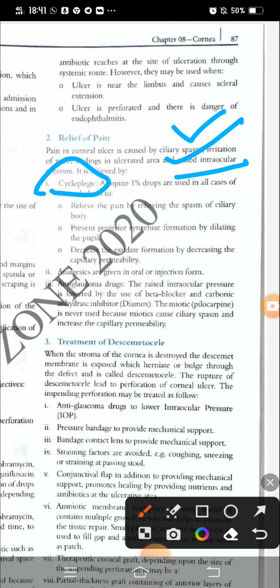But in prolonged close work, ciliary muscle spasm can occur, and pain can occur. So cycloplegics cause loss of accommodation, and as a result they relieve the ciliary muscle spasm.